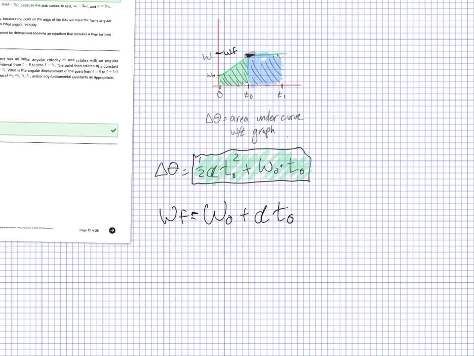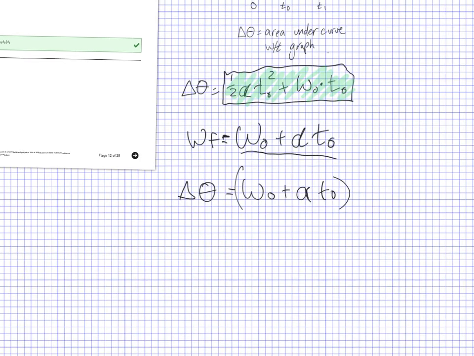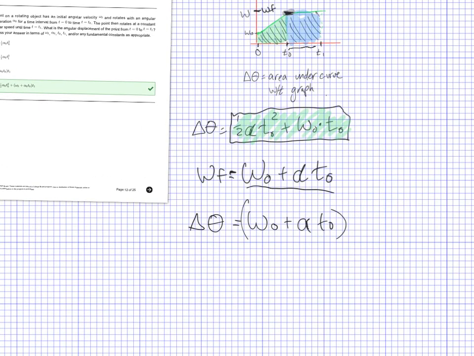So now I have a value of this maximum height, and I know that the length here is t1. So then I can just do length times width, and the height would be omega final, omega initial plus alpha t initial, times the x-axis length here, which would be t1.